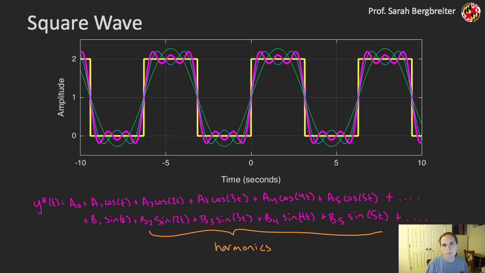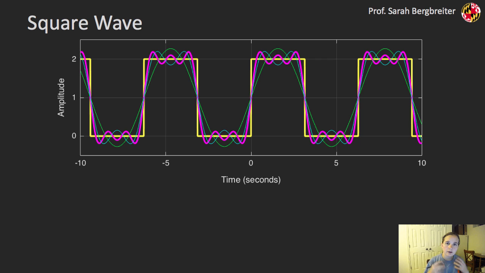Okay, but I can also represent this in a much more compact way. Basically, the description that I gave you earlier, where Fourier said that we could represent all of these periodic signals by a constant term plus an infinite sum of sines and cosines, I can write it explicitly instead of listing out all of these terms.